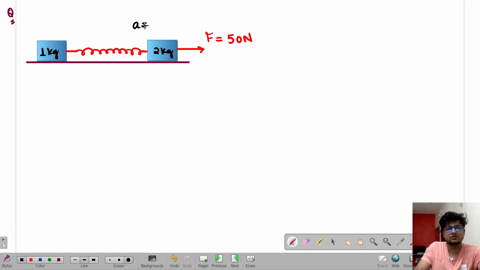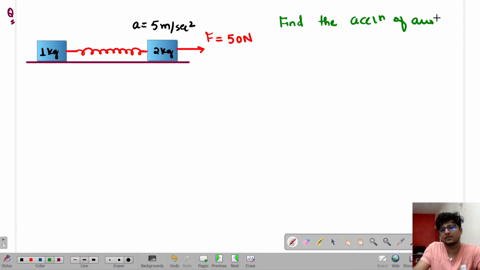A is equal to 5 meter per second square. Question is very simple. Find the acceleration of the another block at that instant of time.